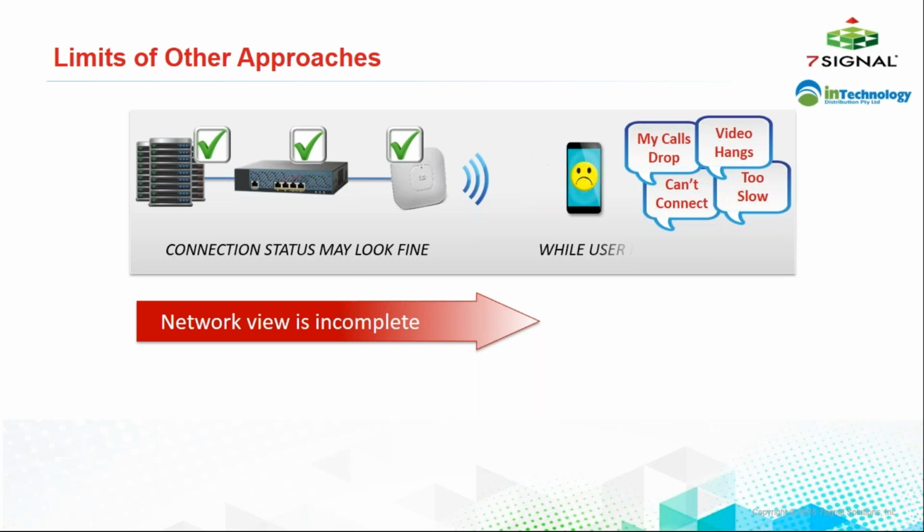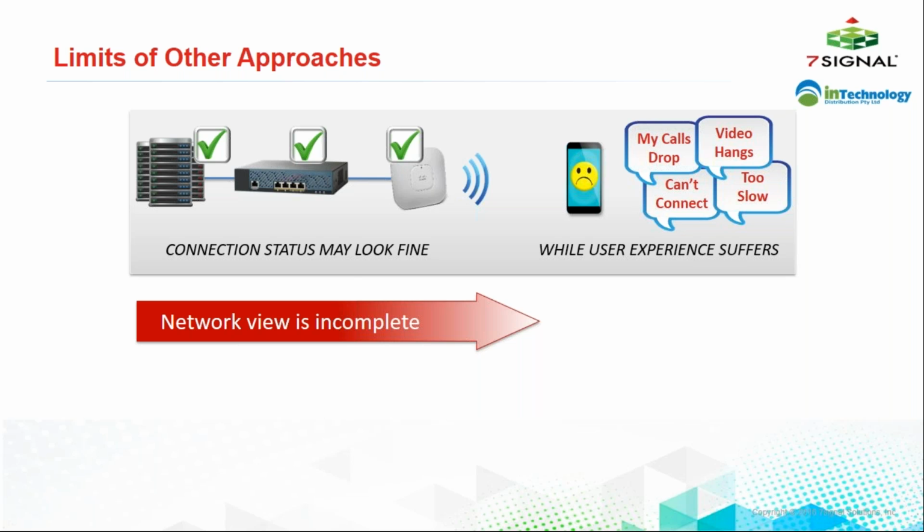So let's talk a little bit more about the limits of the approaches that we have today. Today we have an approach that is from what we call the inside out. It's from the controller's point of view, not from the user's point of view. So when we look into Aruba Clarity or Aruba AirWave, or if we look into Cisco Prime, we may see that everything looks just fine, that all of the access points have joined the network just fine.